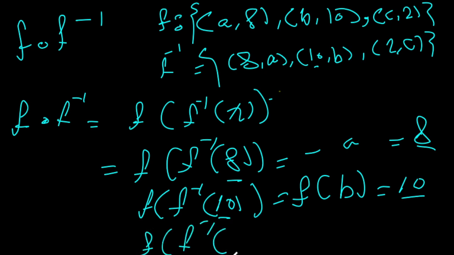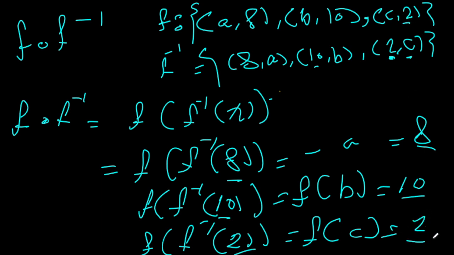Now, the last one, which is F inverse of 2, the next x in the inverse of F. F inverse of 2 is C. So F of C, and F of C under the function F is 2, so I start with 2 and I end up with 2. So this is F composition F inverse.